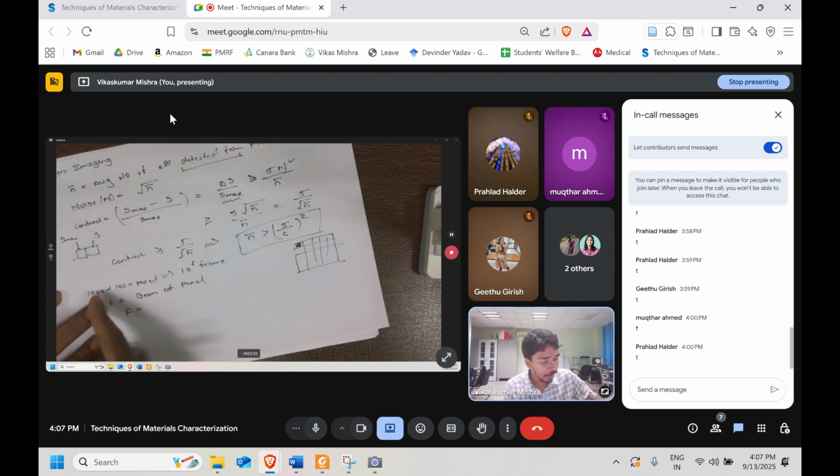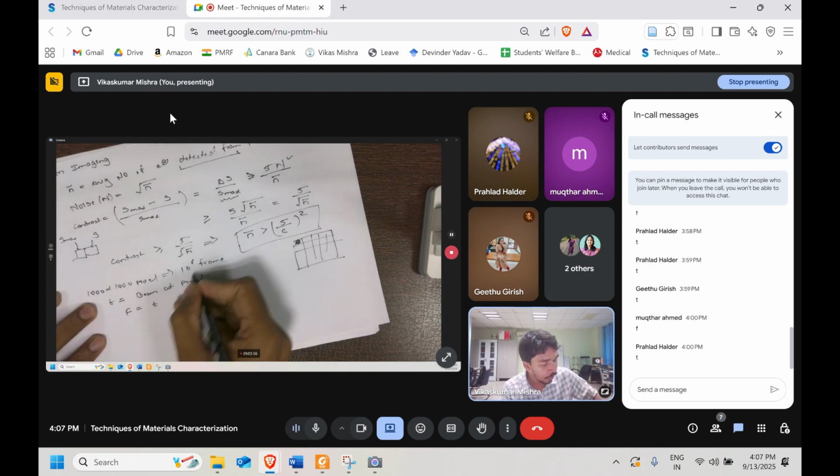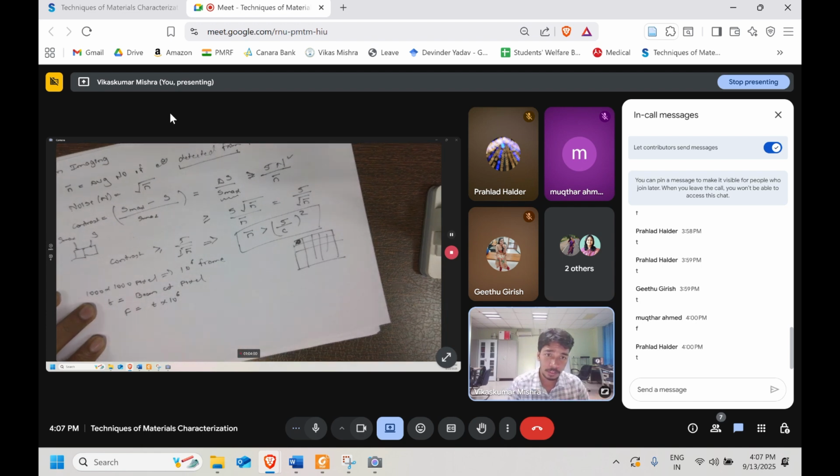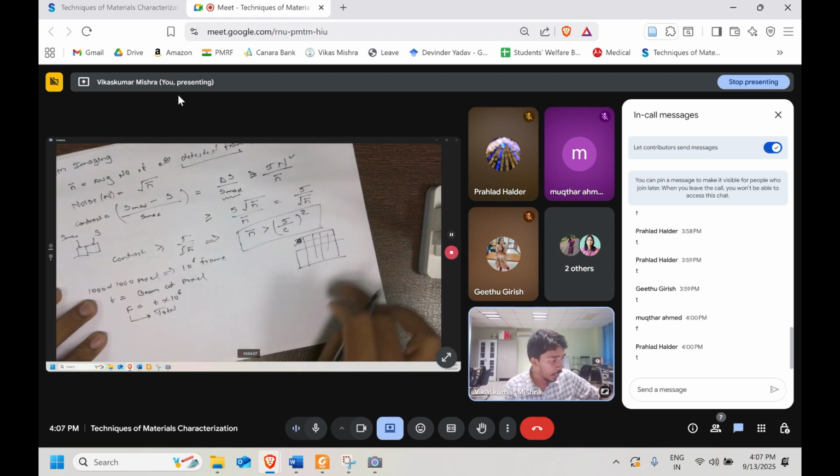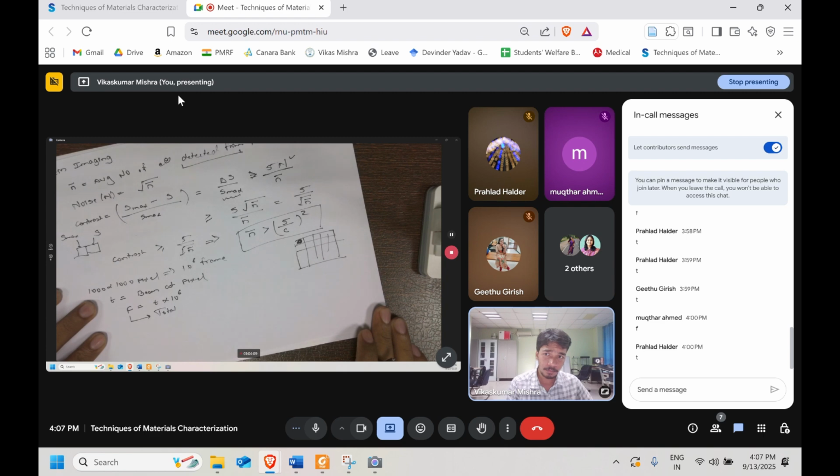For one pixel we know it is t, so for 10 to the power of 6 pixels, we already know it should be 10 to the power of 6 times t. So here f is the total time that it will take to scan this entire region, and t is the time stayed at a particular location.